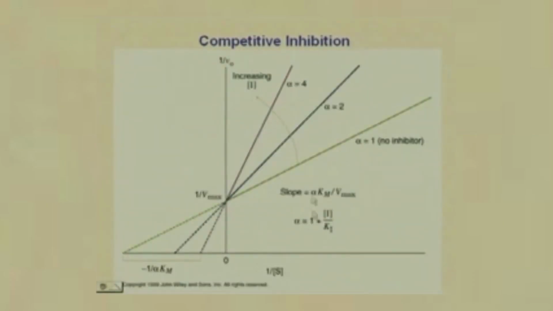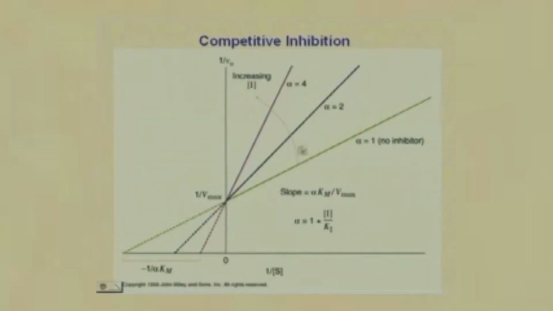Now remember that this alpha that we spoke about was what? 1 plus I by Ki. So when alpha is 1, it means the concentration of I is 0. If the concentration of I is 0, it means that I have an uninhibited reaction. So my alpha is 1, which essentially means that my Km is what I would have in a normal Lineweaver-Burk plot.